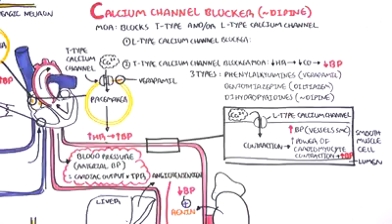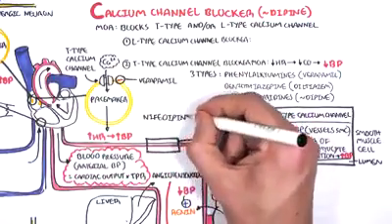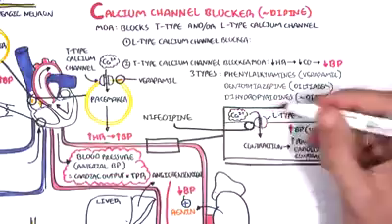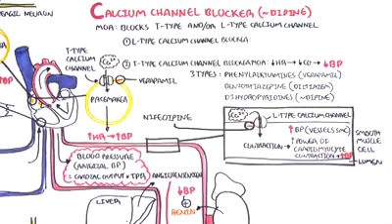L-type calcium channel blockers are the dihydropyridines that end in dapine. Some of the drugs from dihydropyridine also block T-type calcium channels, and so are also part of the T-type calcium channel category. A common example of an L-type calcium channel blocker is nifedipine.